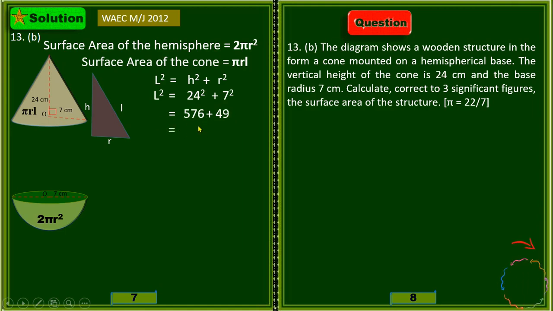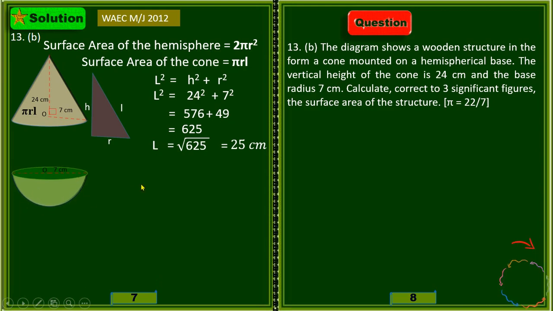Add these two values, you have 625, and this is a perfect square. So therefore, taking the square root of this side, I have L. Taking the square root of this side, you are going to have the square root of 625, which we know is going to give us 25 centimeters. So now we know the slant height. We can go ahead to find the curved surface area of this, and also the surface area of the hemisphere.